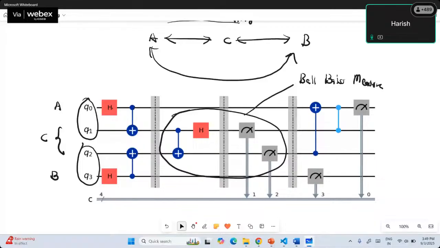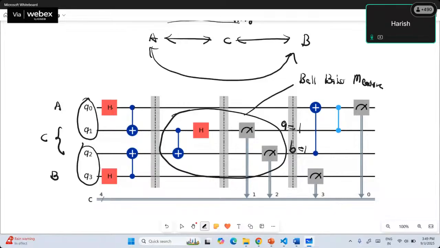So Charlie will measure some bits, small a and small b. Suppose it gets both of these bits as 1 1. Initially, A is entangled with C, B is entangled with C, and Charlie's two qubits were not entangled.